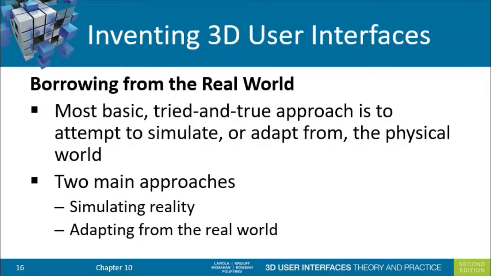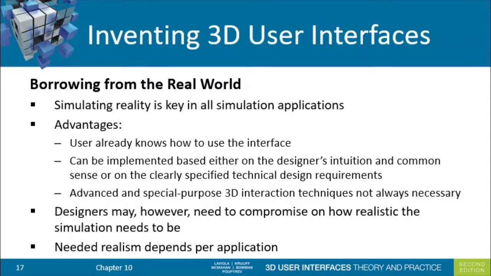Borrowing from the real world. The most basic, tried and true approach is to attempt to simulate or adapt from the physical world. Some basic approaches and techniques are simulating reality and adapting from the real world. Simulating reality is key in all simulation applications.